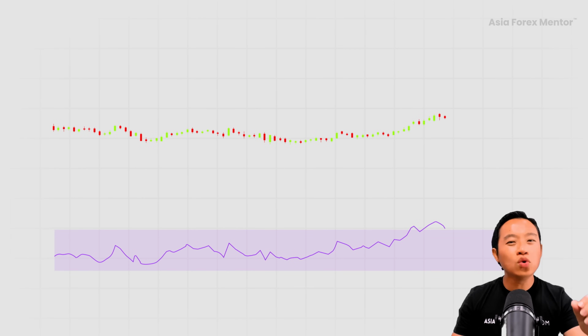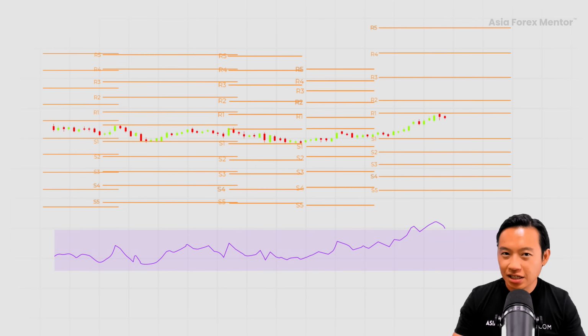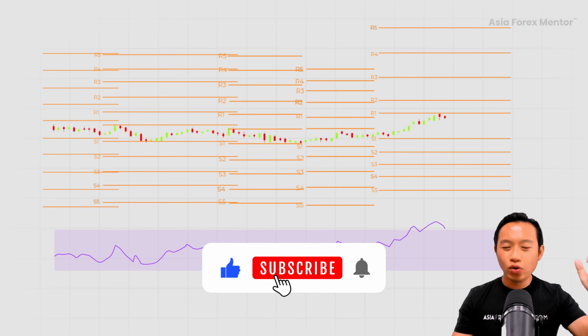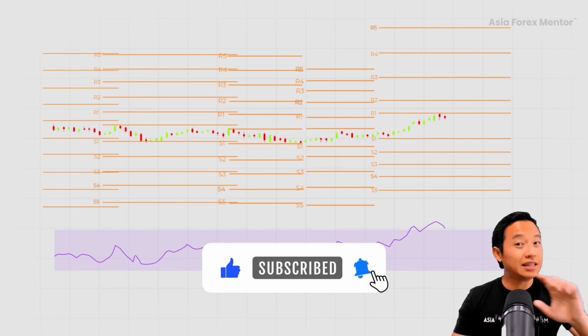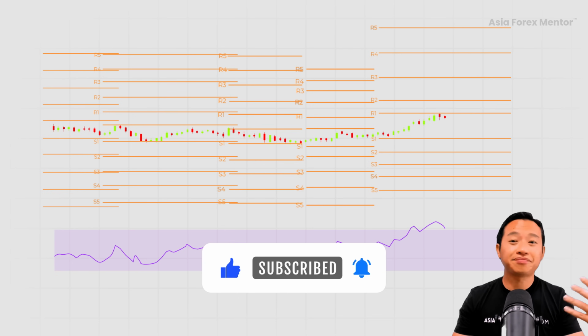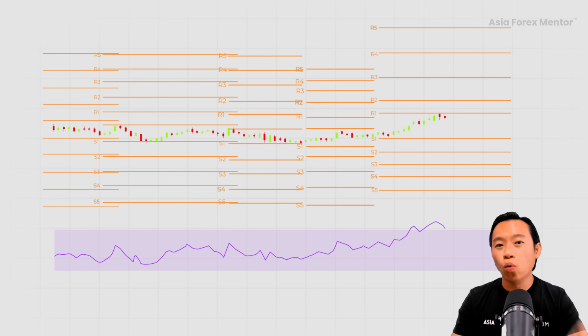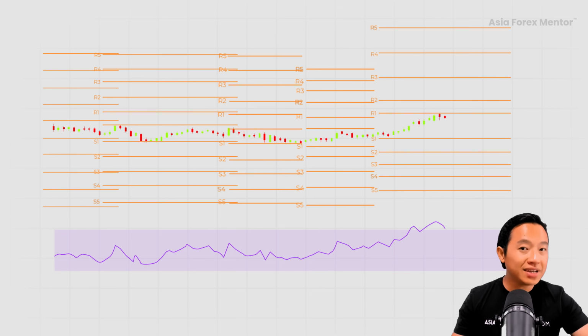So when you activate pivot points, you will see several lines on your chart, right? You can disregard the earlier lines as they are no longer relevant. Pivot points work by taking the high, the low and the close price of the previous day and plotting the support and resistance levels for the current day.